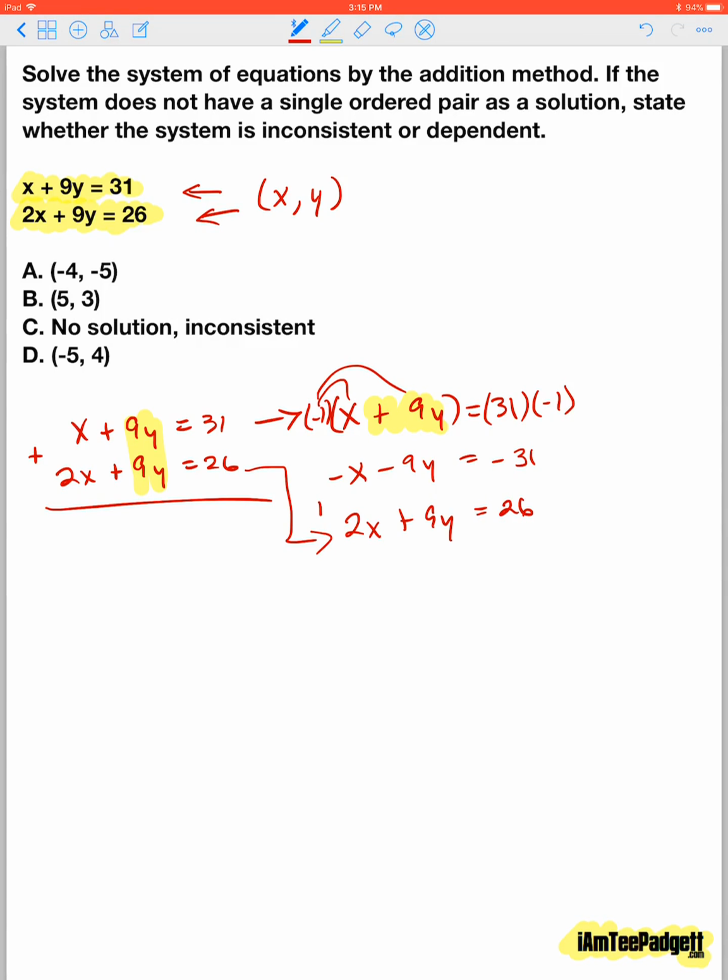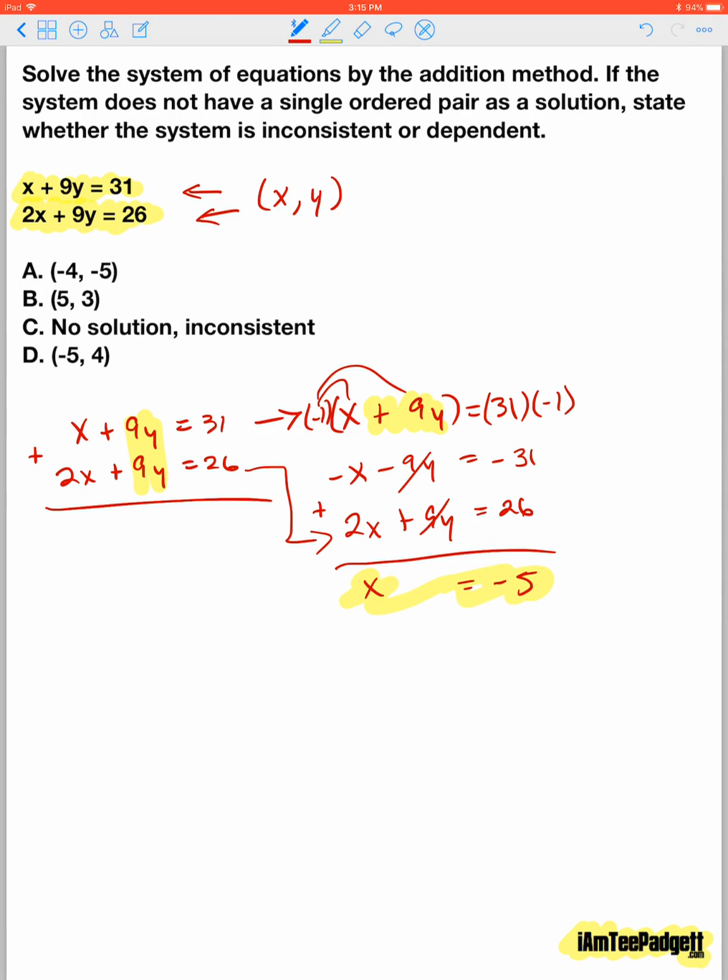Now when we add these two, we get x, because 2x plus a -1x leaves us with just x. The 9y's cancel out, and we have x equals -31 plus 26, which is -5. So we have x equals -5.